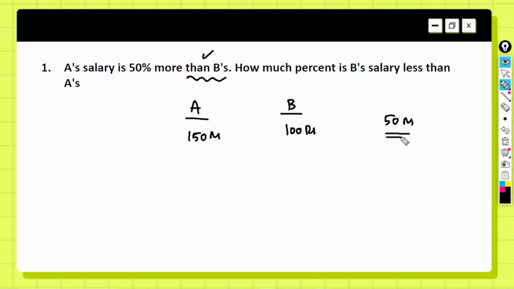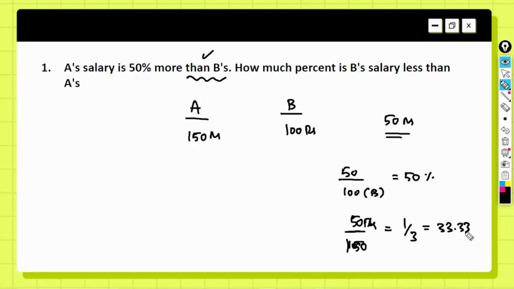But in terms of percentage, these 50 rupees out of B's salary is 50 percentage. But the same 50 rupees out of A's salary, which is 150 now, is 1 by 3 or 33.33 percentage. The same 50 rupees is actually half of B's salary, but it is not half of A's salary. So the percentage value will change.